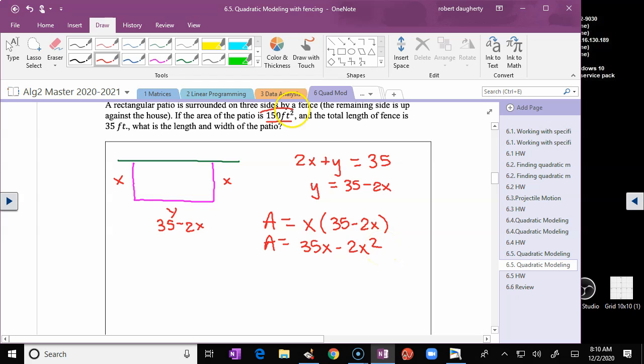But I know that the area is 150 square feet, so 35x minus 2x squared has to equal 150. So this is a quadratic equation. Negative 2x squared plus 35x minus 150 equals 0.